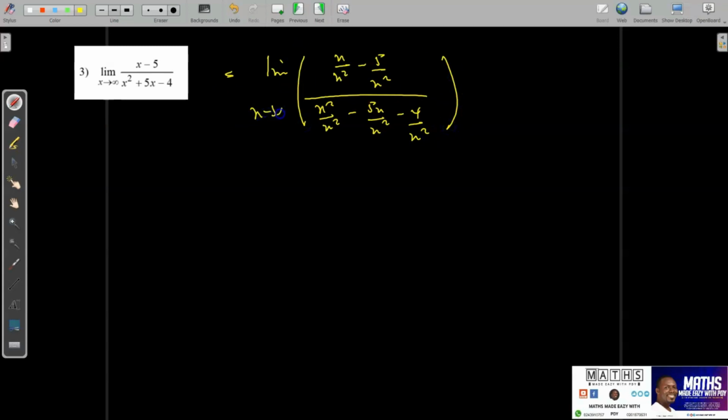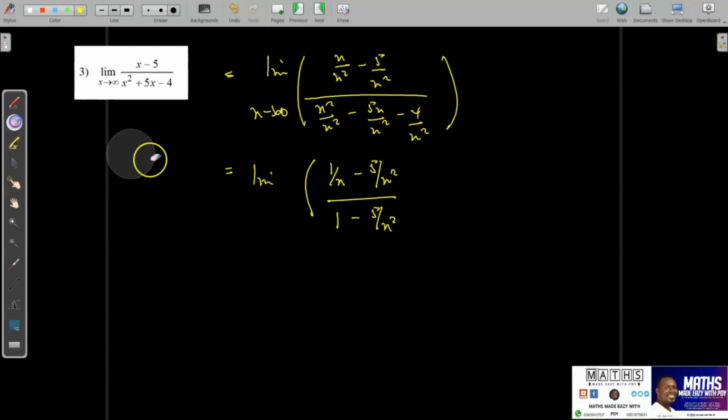as x approaches infinity. Going further, breaking this first term up, we end up getting 1 over x minus 5 over x squared, all divided by, this will give us 1 minus 5 over x, then minus 4 over x squared as x approaches infinity.